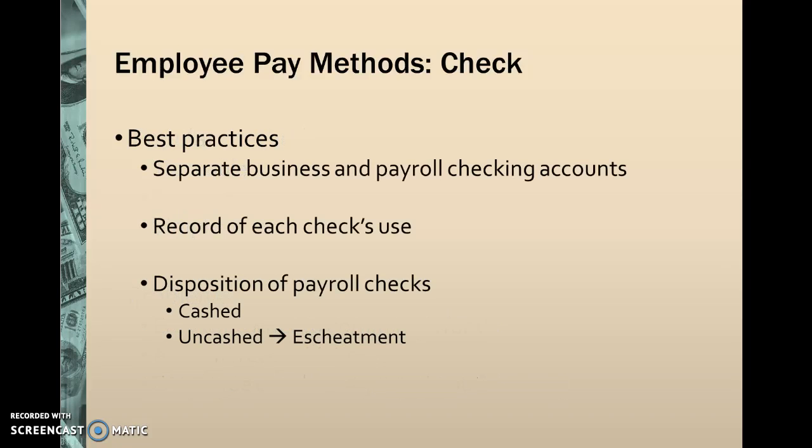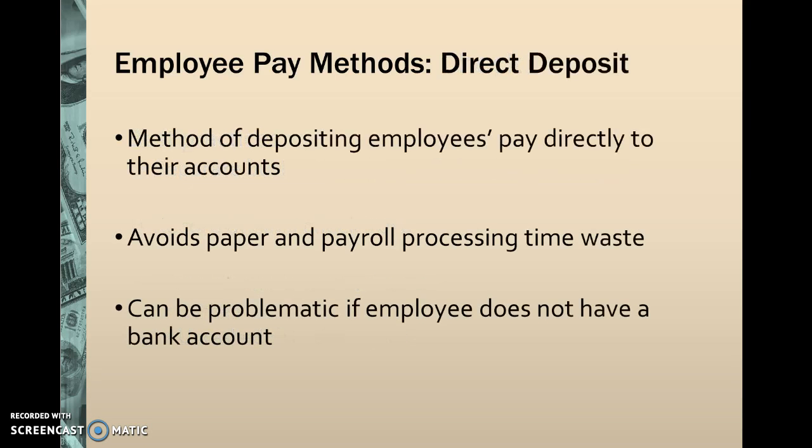The ways employees can get paid is check, which is the best practice by employers because it separates business and payroll checking accounts. There's records of each check used, disposition of payroll checks, cashed and uncashed, in order to do some reconciliations on payroll. The way employees can get paid is direct deposit. It is the method that is preferred because it's paid directly into their accounts. This avoids paper for the employer and payroll processing time waste.